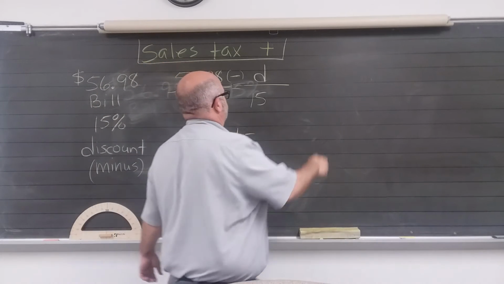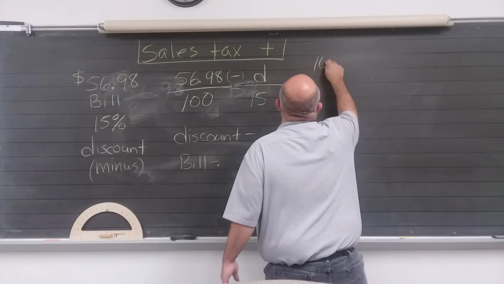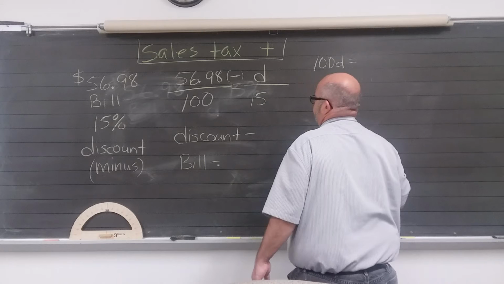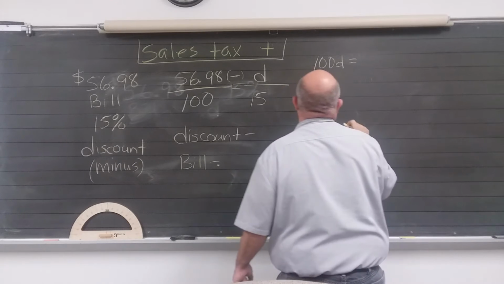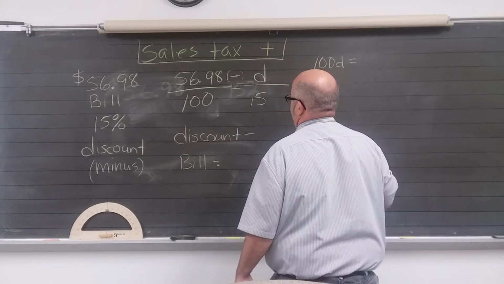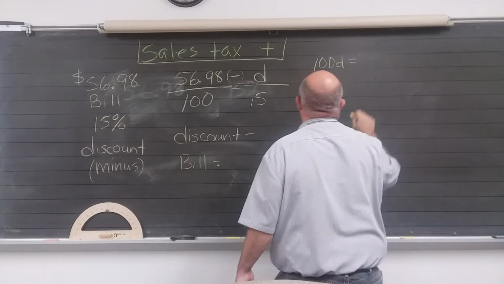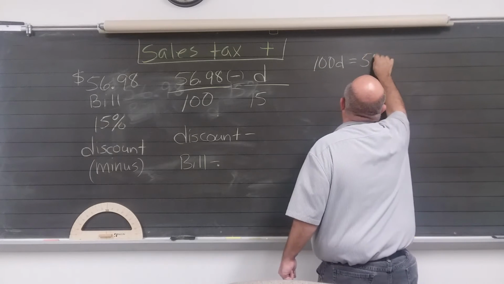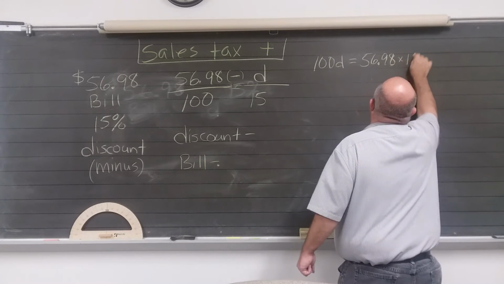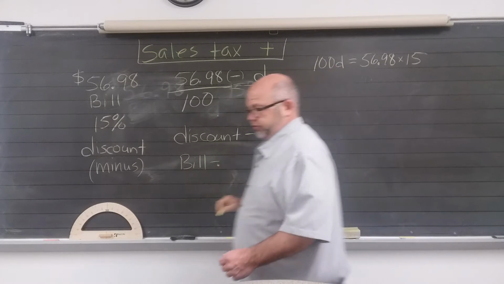So you have 100D equals 56.98 times 15. Well, let's do the math.